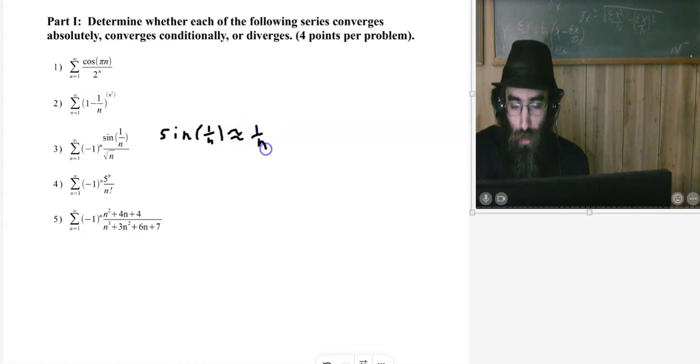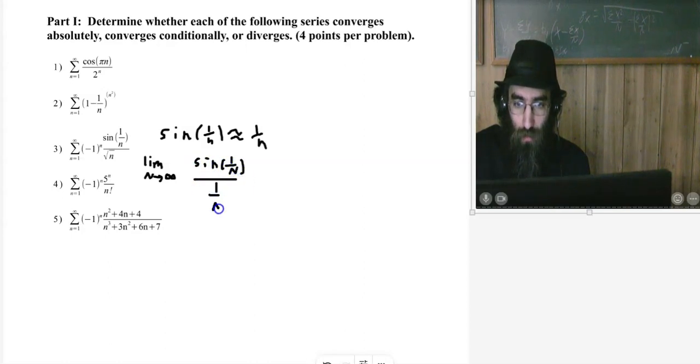This is the engineering approximation. The more mathematically formal version is limit as n goes to infinity, sine 1 over n over 1 over n equals 1.